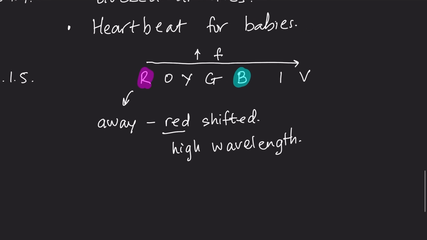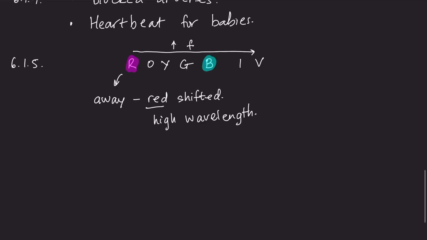You can imagine that there is an object, and here's Earth, and that object is emitting radiation. It could be ultraviolet, it could be whatever it is, and it's emitting it just like sound, in all directions.